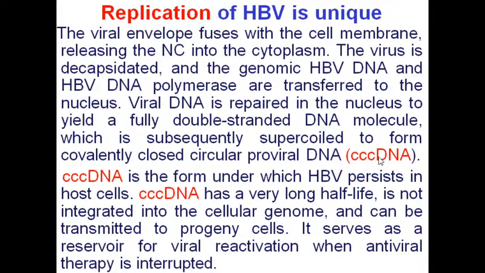That happens due to the repairing of the DNA genome and aggregation of this genome. Why are we talking so much about these cccDNA molecules? That is the form in which this virus may persist in the host liver cells.